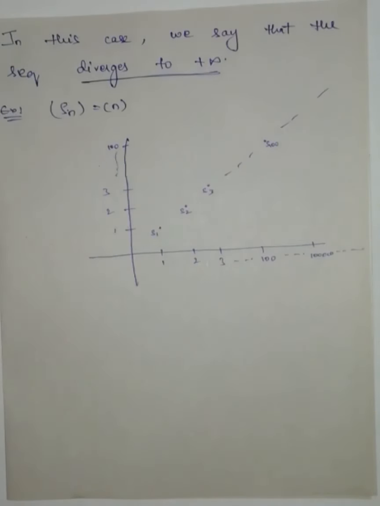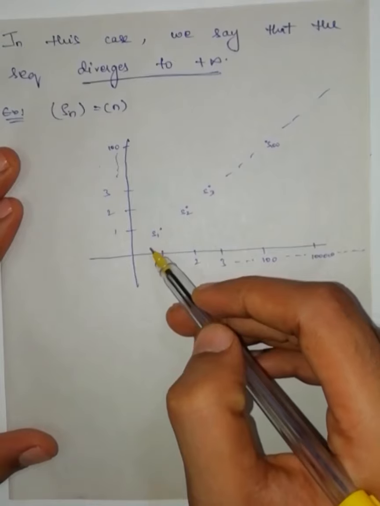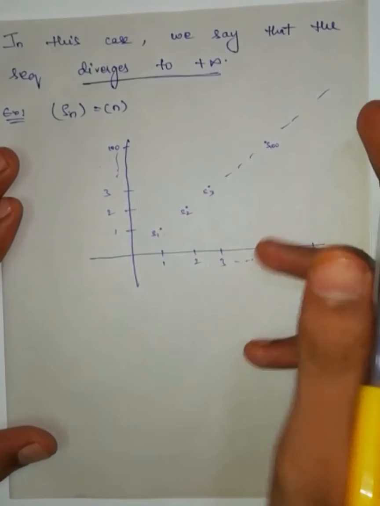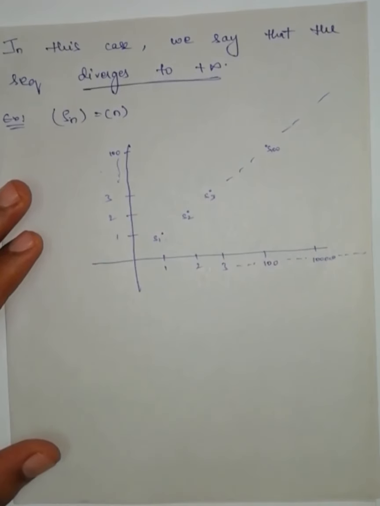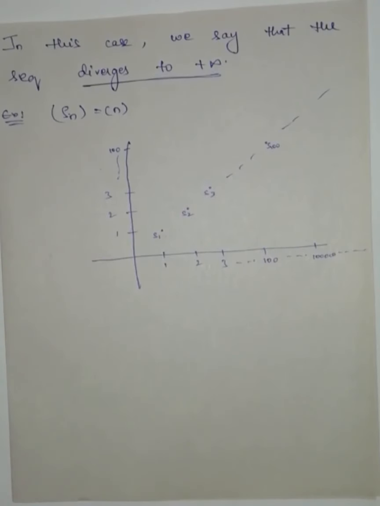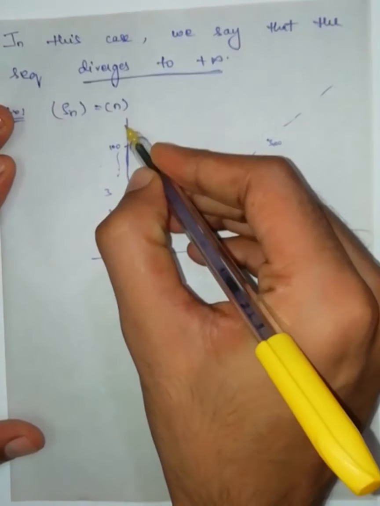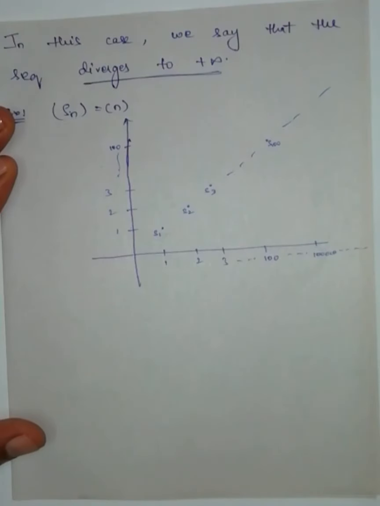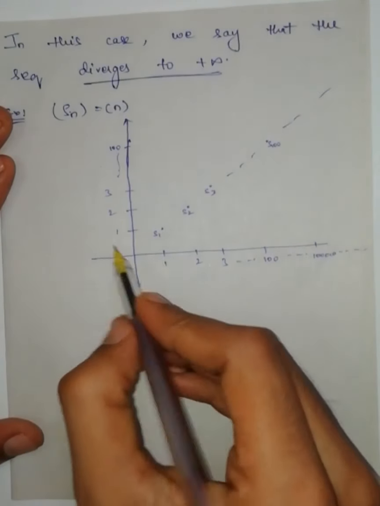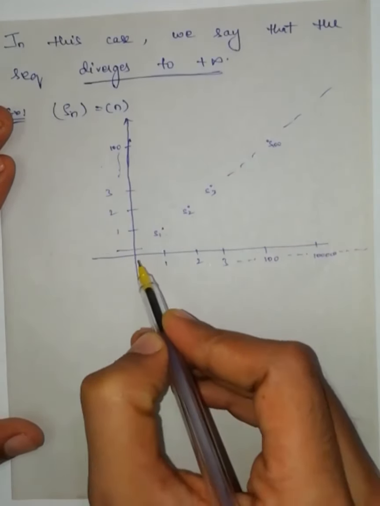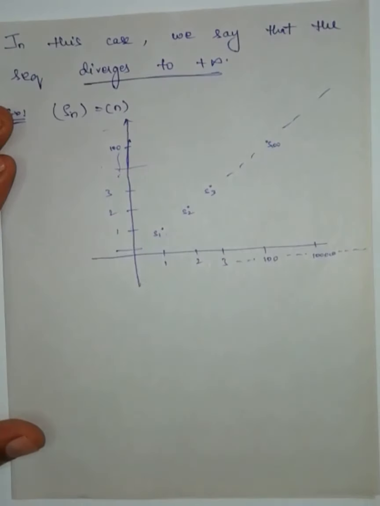Does this sequence converge to a particular limit? No. You can directly observe from the graph that the terms are increasing rapidly. Now, the definition says that for each capital M greater than 0. Let us take any capital M which is greater than 0. You can take the capital M here or here or here, wherever it may be.